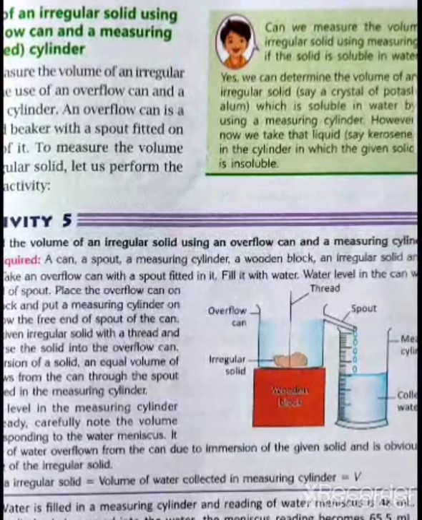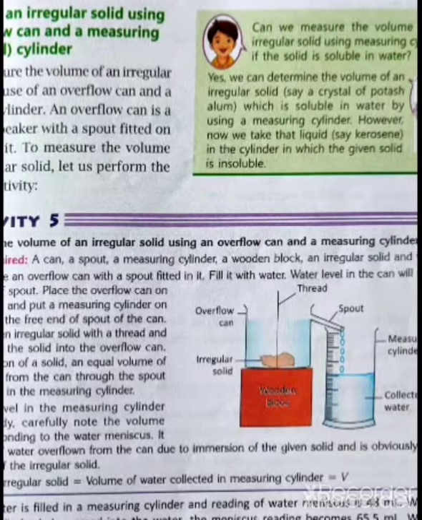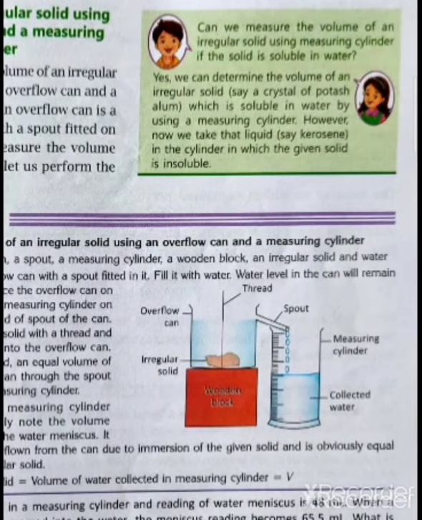We have bound it with a thread, and we have an overflow can placed on a wooden block, and there is another cylindrical measuring vessel, in which, when we dip this arrangement, the water will overflow and be collected in the measuring cylinder.